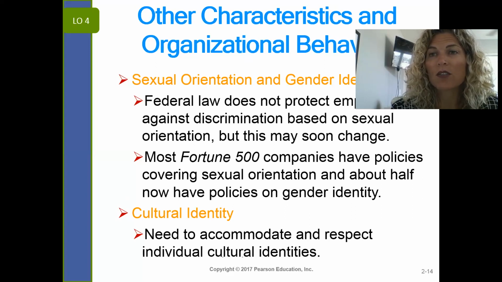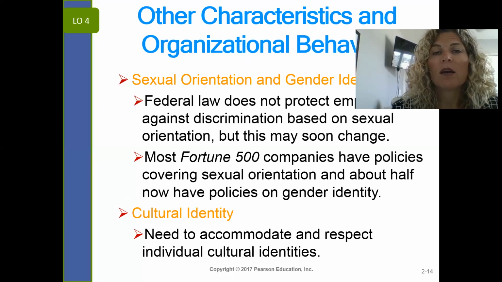So organizations are recognizing this and being proactive in creating policies and practices to create an environment that supports sexual orientation and gender identity, and tries to prevent discrimination from happening in their workplace around these factors.